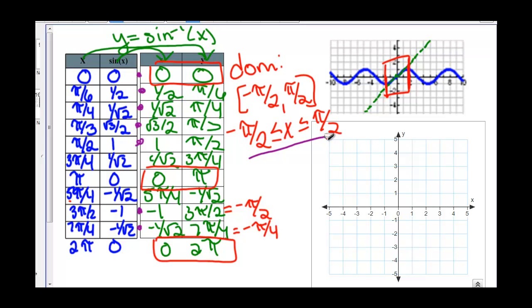So we have negative 1, negative pi over 2. Negative 1 over square root of 2, negative pi over 4. We have 0, 0. 1/2, pi over 6.